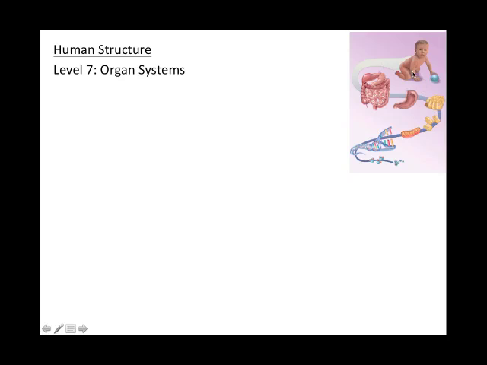The final level of organization really is, I guess it's kind of a level, level 8, and that's the organism itself. So here's level 8, the organism itself. And so the organism itself consists of the different systems.